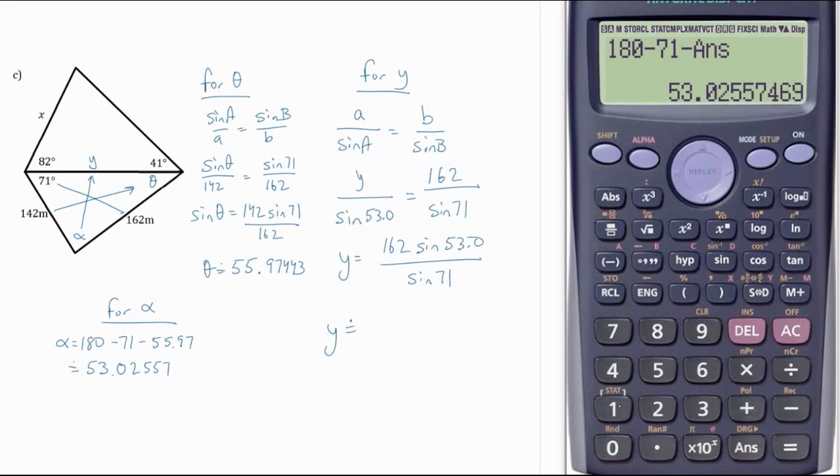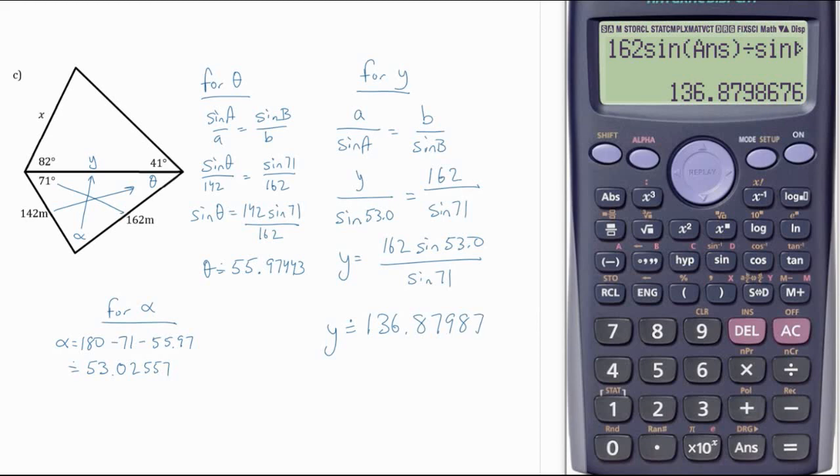All right, 162 sine of my answer, that's the 53.0 that I had left in my calculator, divided by sine 71. That is 136.87987. 87986 rounded up to a 7. Whoops, that's a weird looking 7.